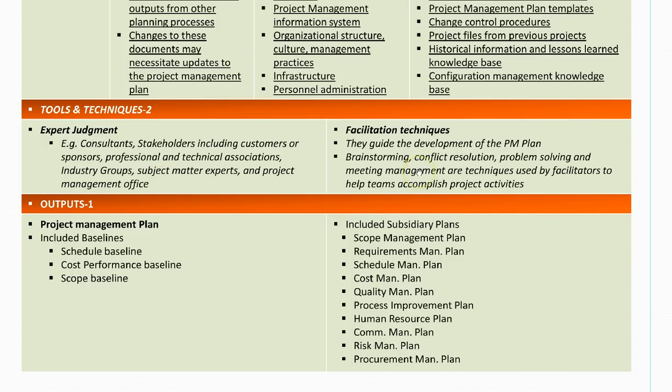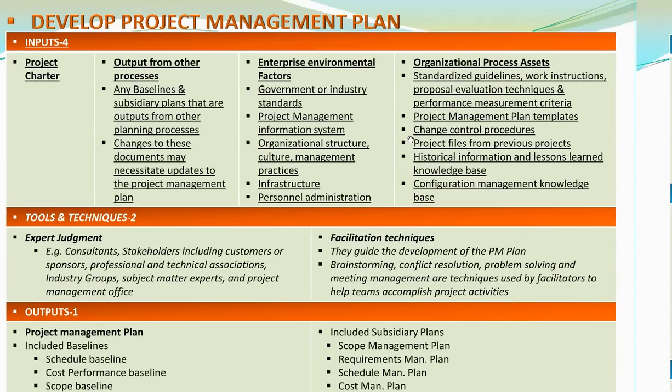The different techniques for producing the project management plan are brainstorming, conflict resolution, problem solving, and meeting management, which are techniques used by facilitators to help the team accomplish project activities. We'll go into a lot more detail on brainstorming, conflict resolution, and how we solve problems in the different processes below.